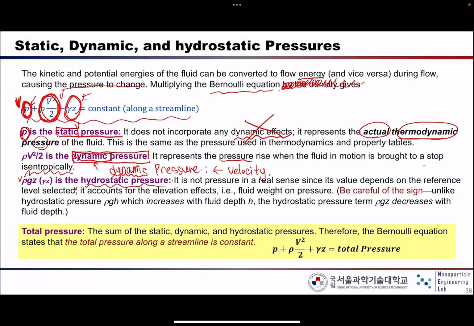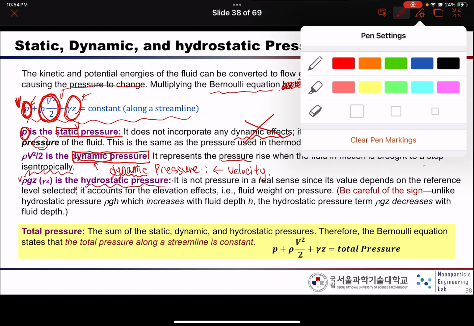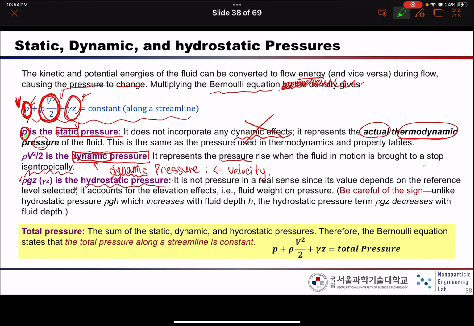Here I would like to highlight that many of you, maybe two or three months after this class, will be very confused about which pressure you need to calculate and which pressure you need to obtain. For example, next semester you are going to learn some CFD.